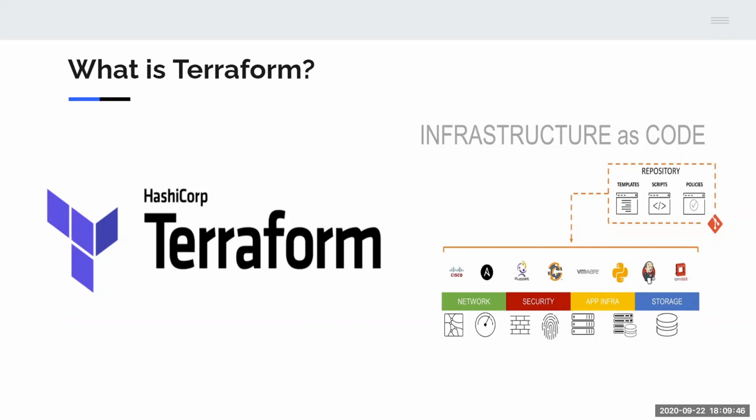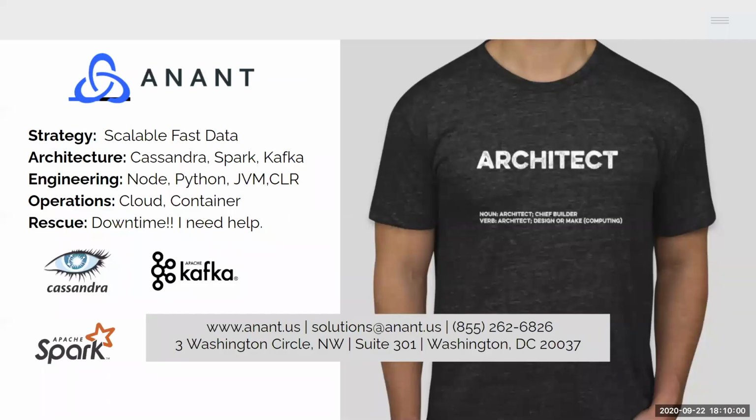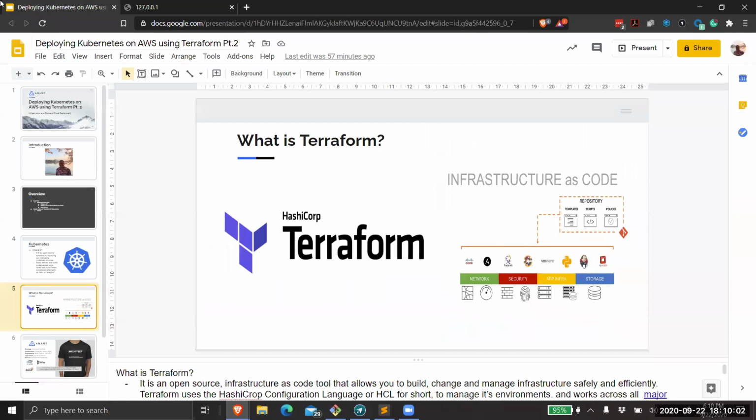Within these configuration files, Terraform uses providers to integrate with different services. Terraform is compatible with the vast majority of providers, many of those that focus on cloud applications. And with that, we're going to jump right into the demo.